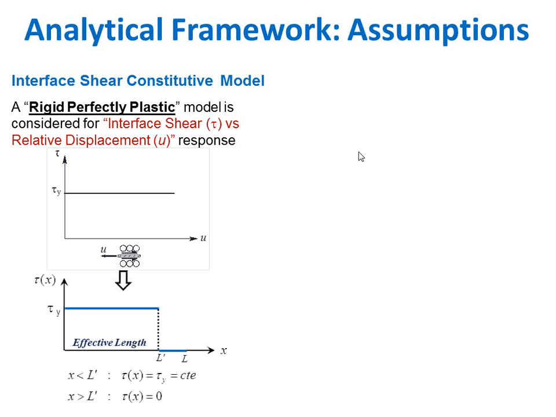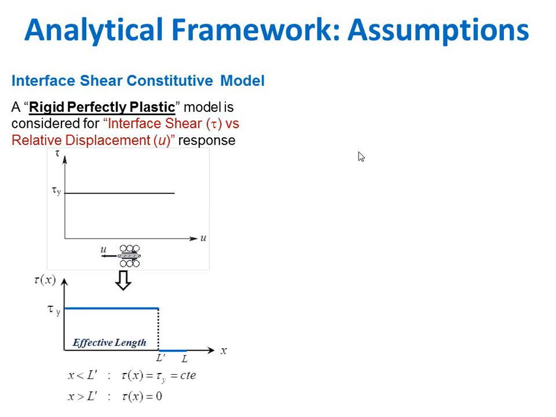This makes our life easy, because if we're pulling our reinforcement, this is our reinforcement, and this is the length of our reinforcement. If we use this assumption, the reinforcement for a given length is going to develop a constant shear. And once we satisfy equilibrium, there's not going to be shear at all. So it's black or white. A certain length that we're going to call L prime, the effective length, is sheared.